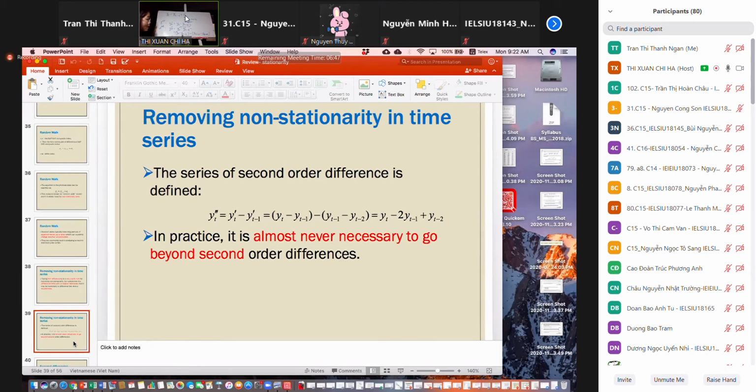So minus y t minus 1. So you have 2 y t minus 1, right? You can look at the slide so you can see here. That is the first and second, because in practice we just focus on the second.